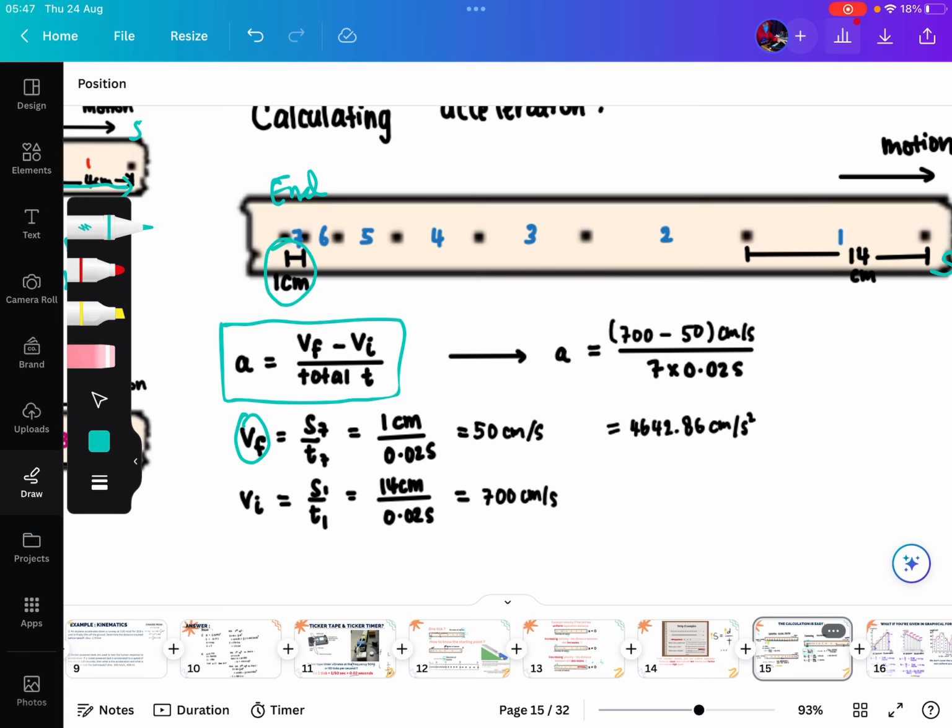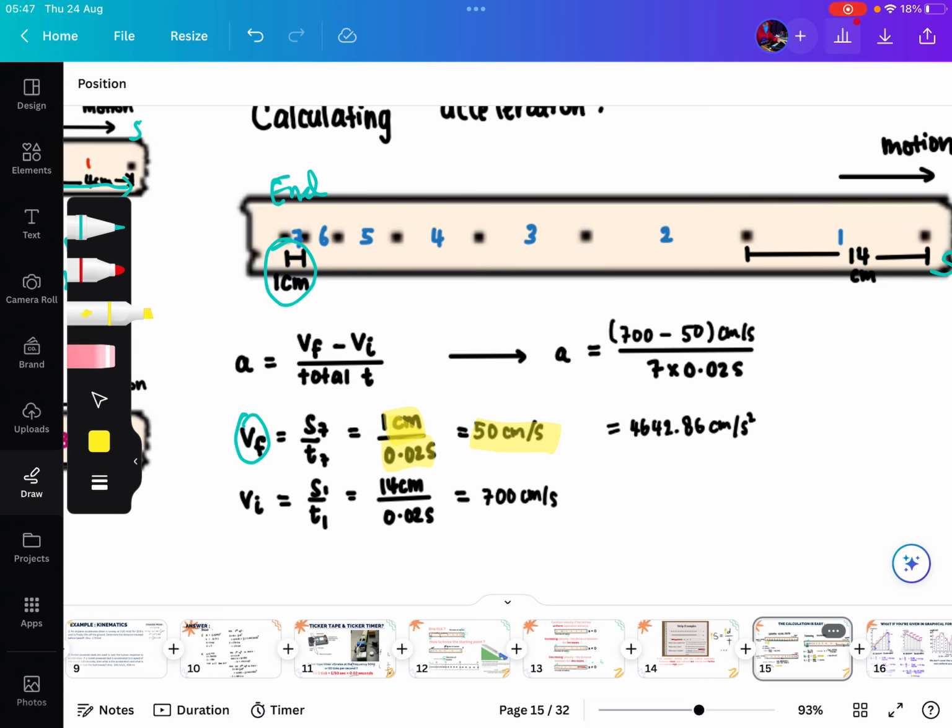Because it is only between the final point and the second final point, which is 1 tick difference, and 1 tick is 0.02 second, you divide 1 by 0.02 second and get 50 centimeter per second.